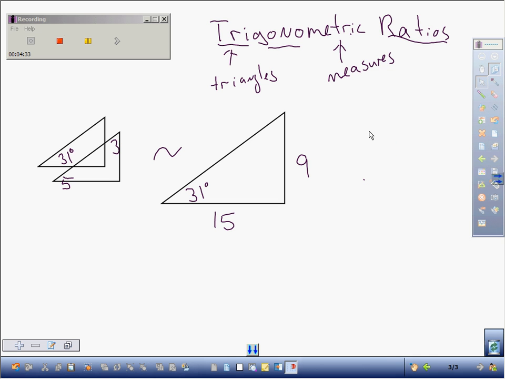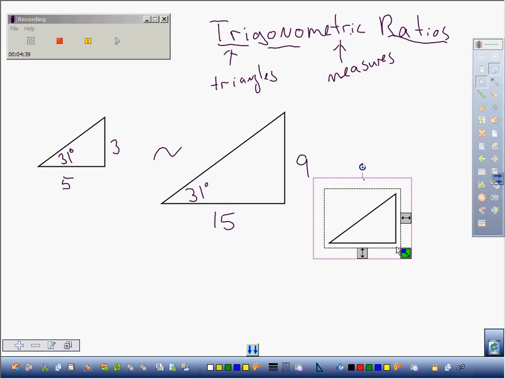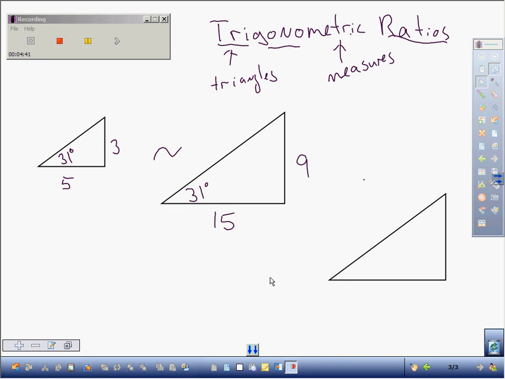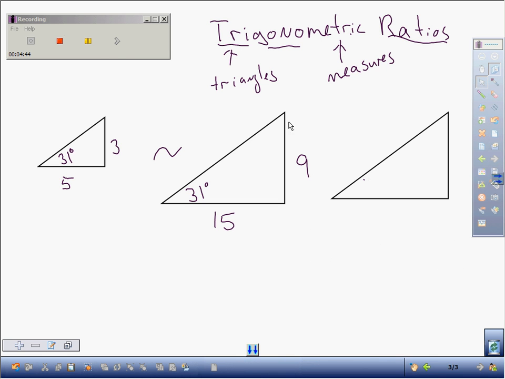paste. Okay? So if I take another triangle that looks like this triangle, and I call, let's move it up. And if I know that this angle is 31 degrees right here, and I want to, for instance, find this side over here, okay?